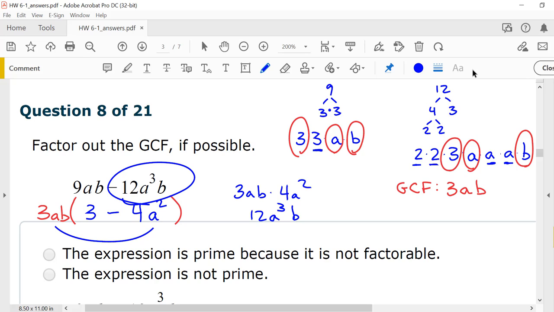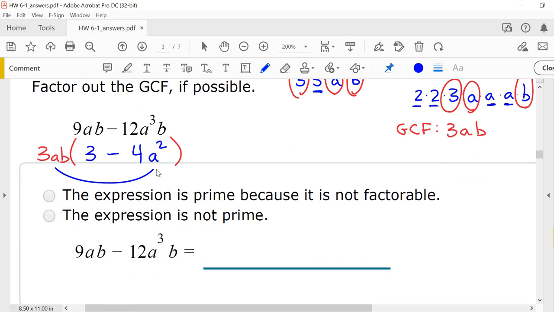That's what I should have. The answer will be, it is not prime. You factor out the GCF of 3ab, and 3 minus 4a squared is the remaining factor.